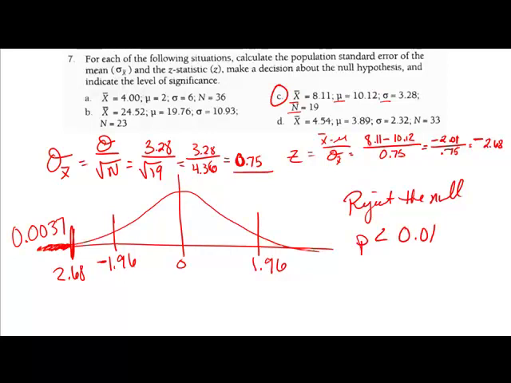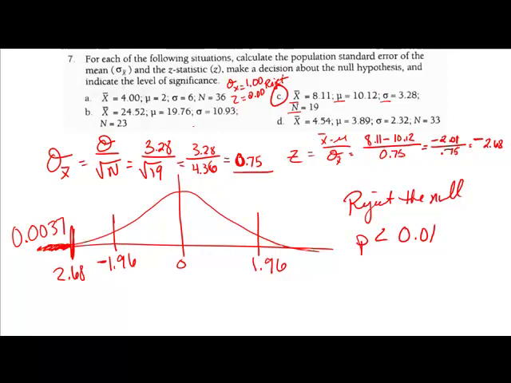Now, as you do the rest of these, hit pause, go ahead and do A and B, and I'll write these, give you the answers. So for A, your standard error is 1.00. Z is going to equal 2.00. Because it's greater than 1.96, you would reject the null.